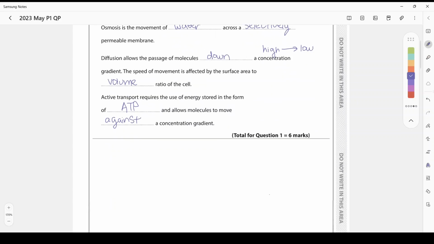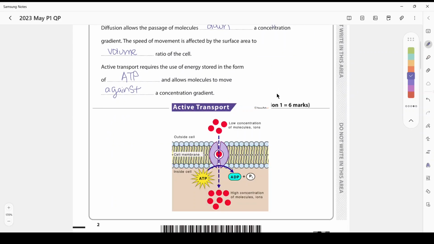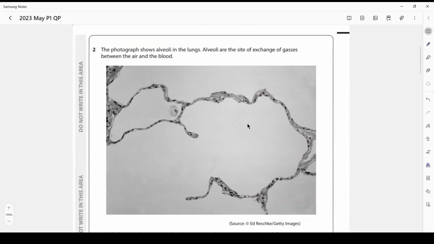Let me show you a diagram of that. All right, so you can see an example here. So we have low concentration on the outside, high concentration on the inside, and it goes from low to high concentration using energy. So it's like rolling something up a hill. All right, let's move on to the next question.